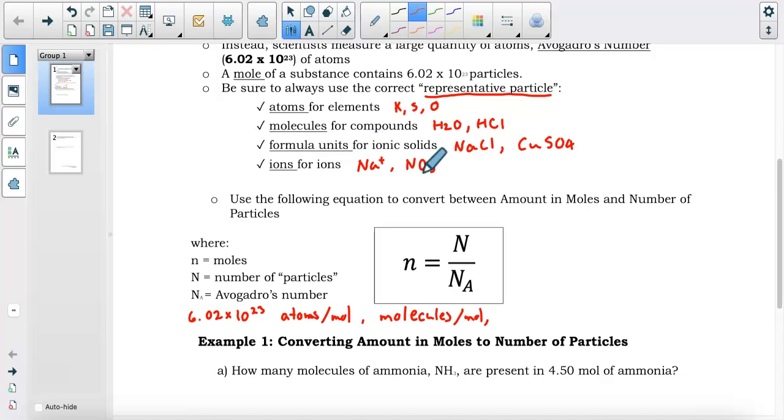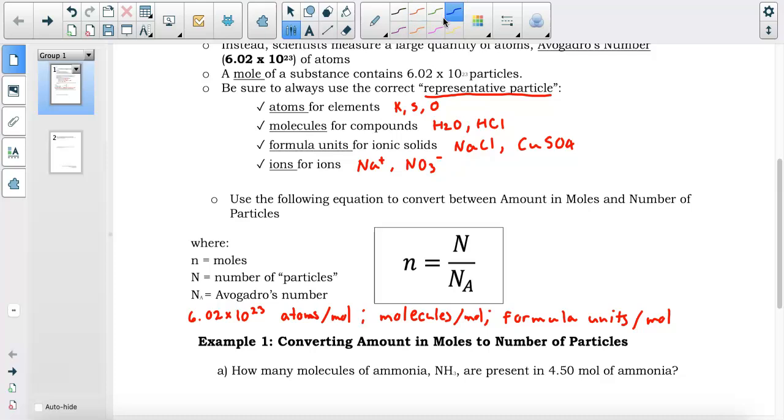And let's say you have this ionic solid, you might also see these units change to formula units per mole. That's just recognizing what you're working with in your particular question.